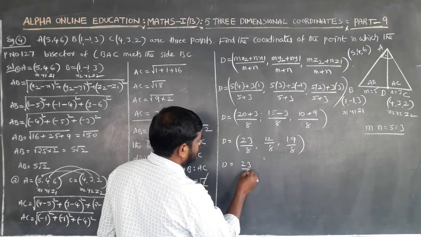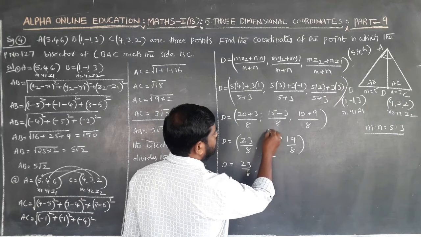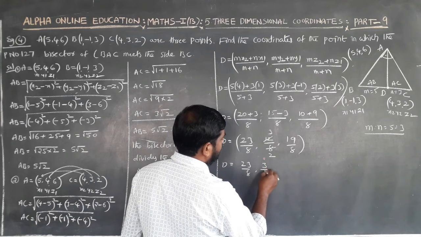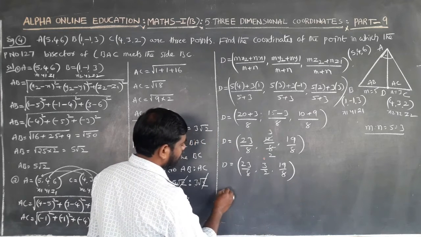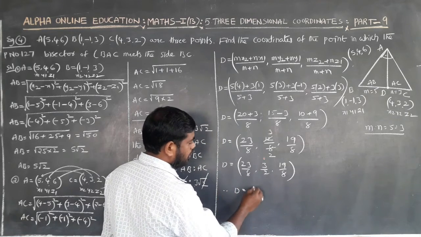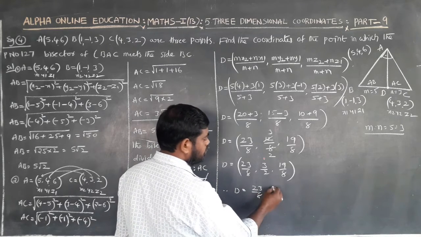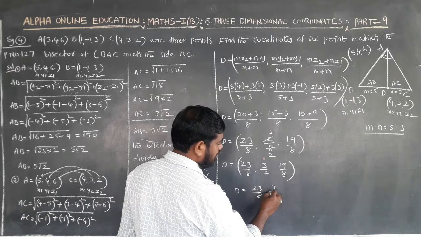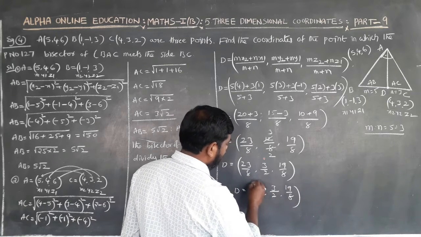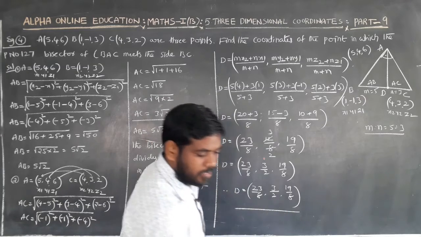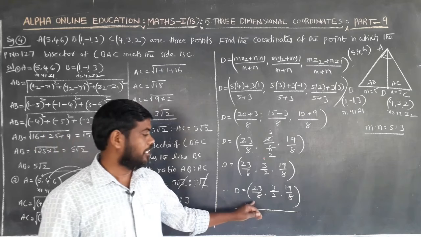That is 23 by 8, 12 by 8 which is 3 by 2, and 19 by 8. Therefore, the coordinates of the point D are (23/8, 3/2, 19/8). This is the answer.